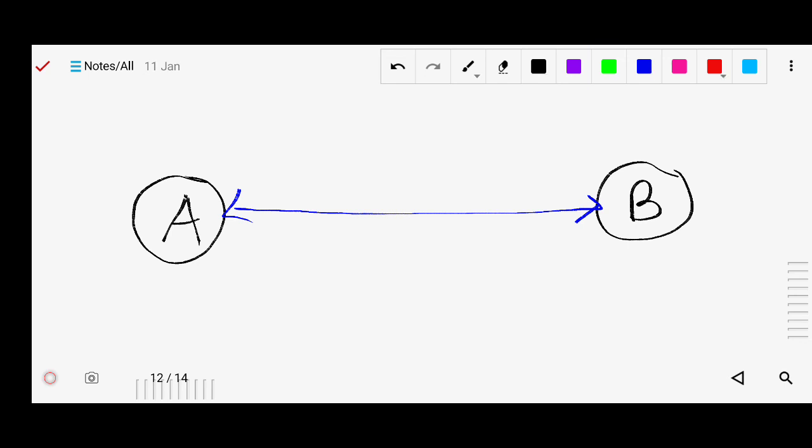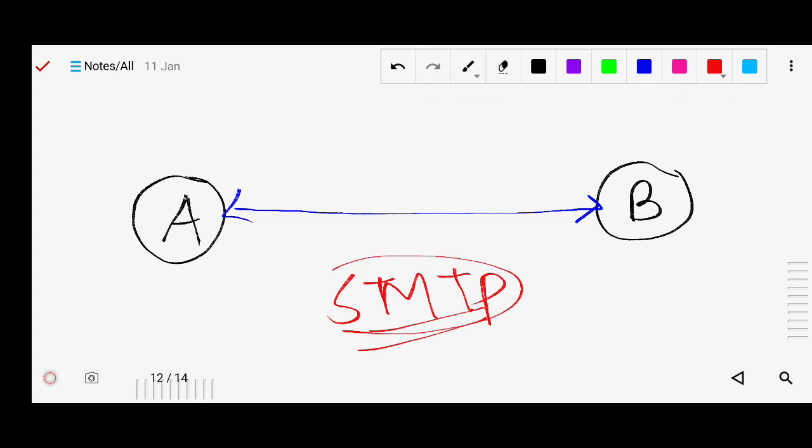As I told you, after connection, on which topic are you going to talk? You may transfer files, you may access web pages. Here we are going to send emails, so we use SMTP.